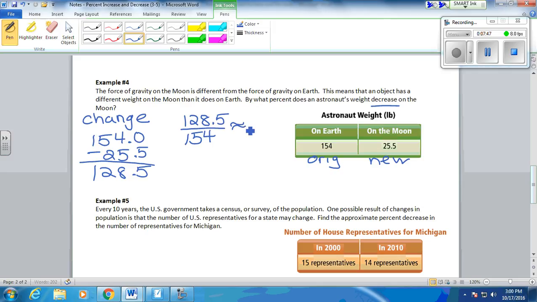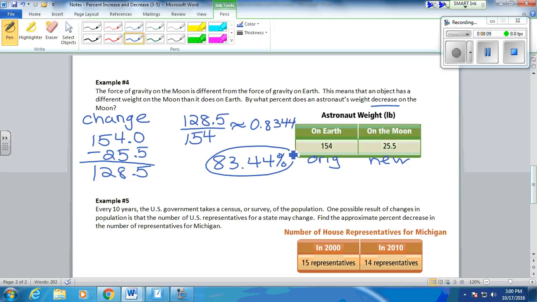It will give me approximately 8,344 10,000ths, which when I change it to a decimal versus a percent will give me 83 and 44/100%. And they weren't very specific here about where I was supposed to round, so I just stopped at the hundredths.